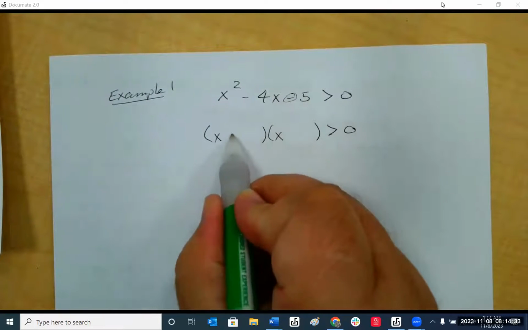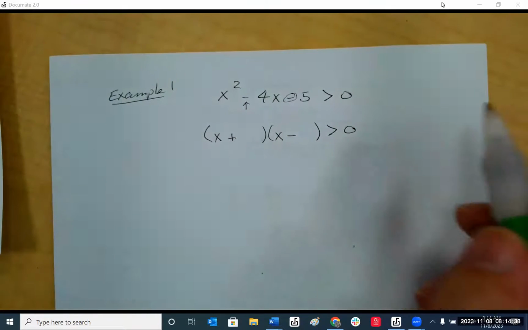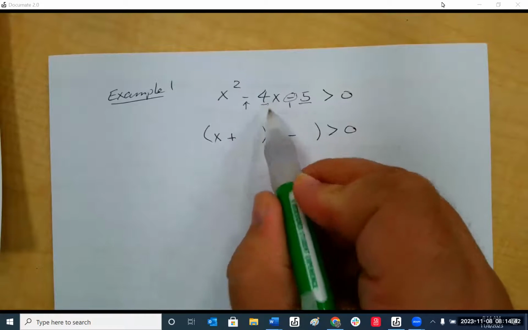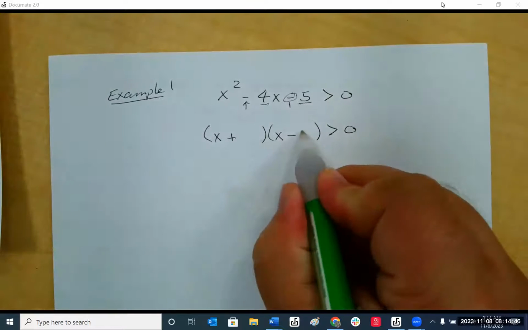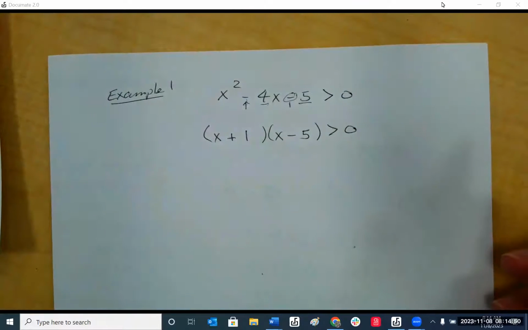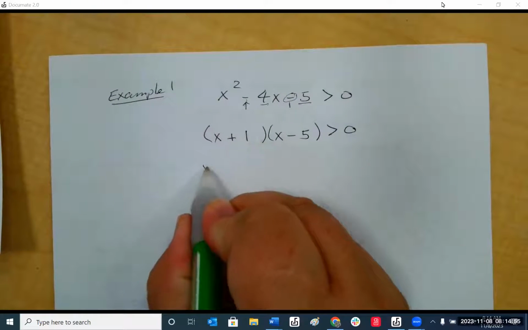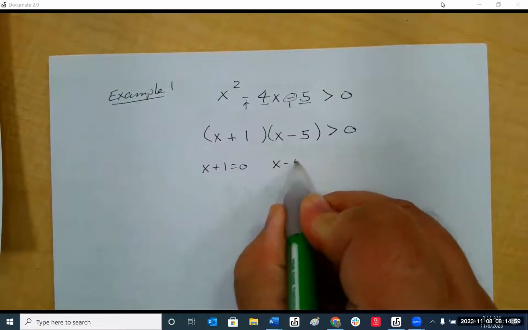That's a minus, so the signs are opposite, and the bigger number gets the negative. What times what is 5? When you subtract them, you get 4. 5 times 1, 5 minus 1. So the 5 goes in the negative because of that. We set these equal to 0. We have to find the x-intercepts.